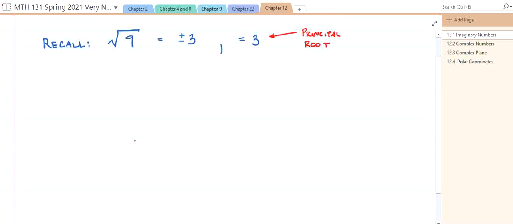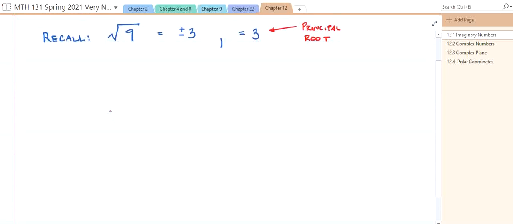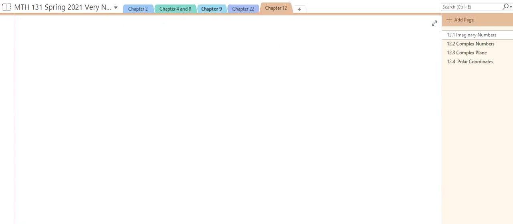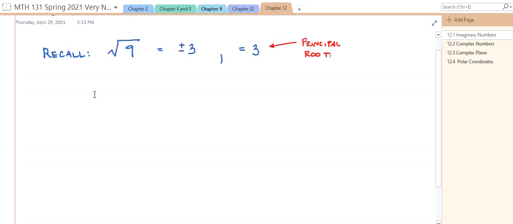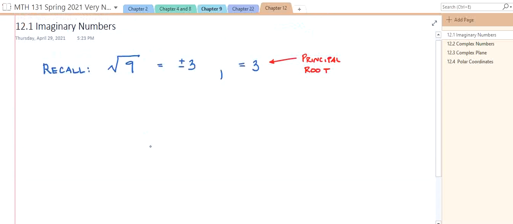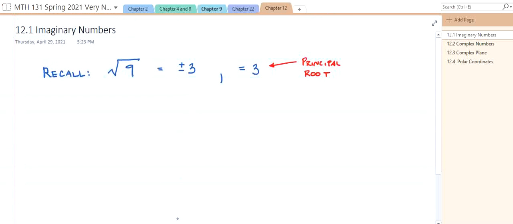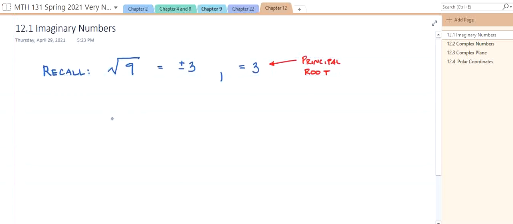Well, anyways, if we have a situation like that, what happens when we have something like this, where we have the square root of minus 1? What does this equal?